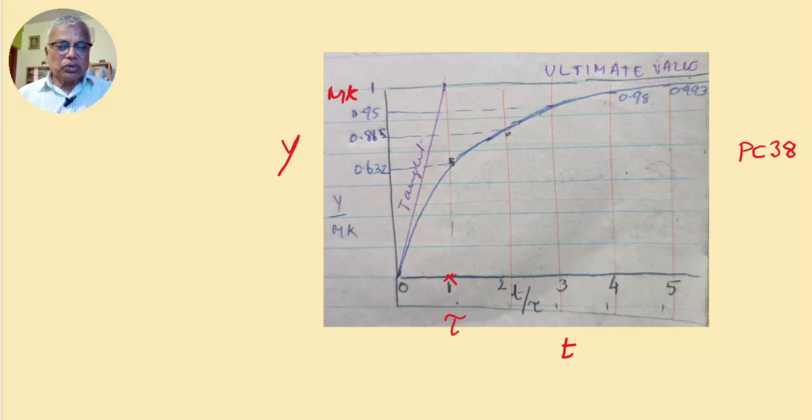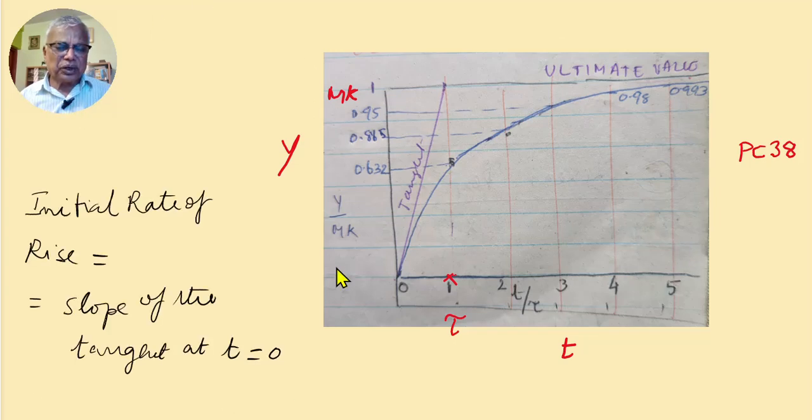So what will be the slope of the tangent? The initial rate of rise will be equal to the slope of the tangent at t equal to 0, right? So what will be the slope of this tangent?